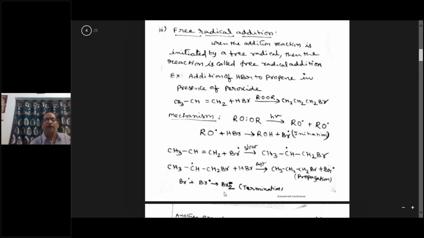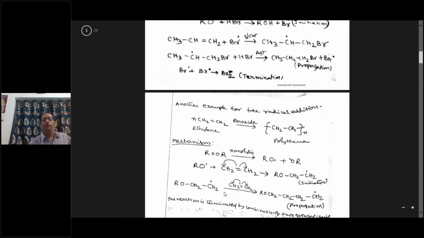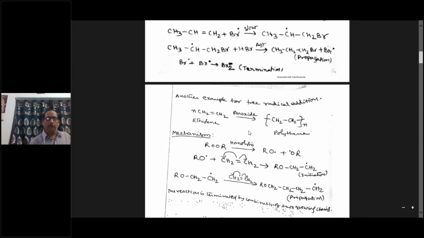Another example of the free radical addition is polymerization of ethylene to form polythene in the presence of peroxide. Mechanism, as usual, this alkyl peroxide will undergo homolytic fission to form two alkoxy radicals. This alkoxy radical attacks this ethylene and you will get this radical.